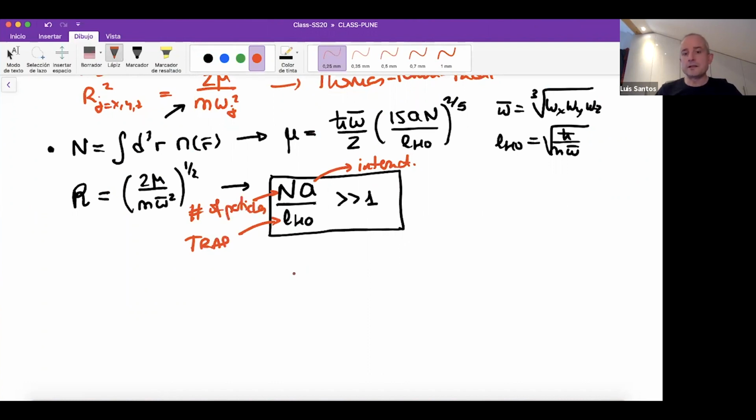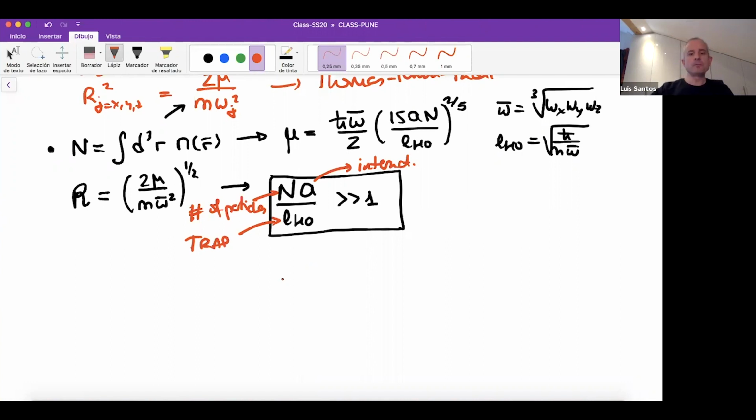So this formula is telling us that if the interaction energy is sufficiently large with respect to the trap energy, you have the Thomas Fermi regime. For typical experiments, this is fulfilled, but it's not always fulfilled. So it's not always the case that experiments are in the Thomas Fermi regime, but many times they are indeed, especially if the number of particles is sufficiently large.